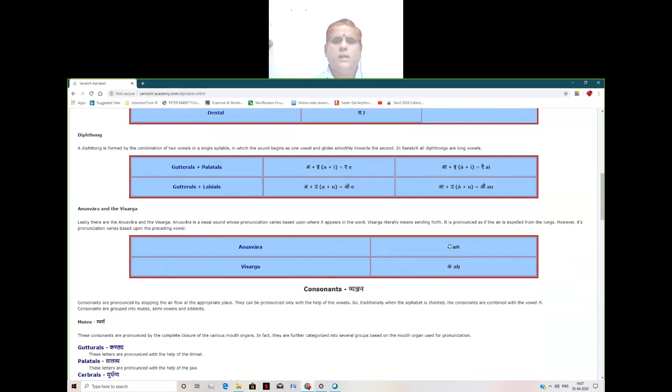Here, two more letters are very important for students to know. Apart from this, there is a speciality: the letter Am is called Anuswara in Sanskrit. When we write a letter, at the top we have to put one dot, as you can see in detail. And the visarga: you write the letter and then put 2 dots after it.